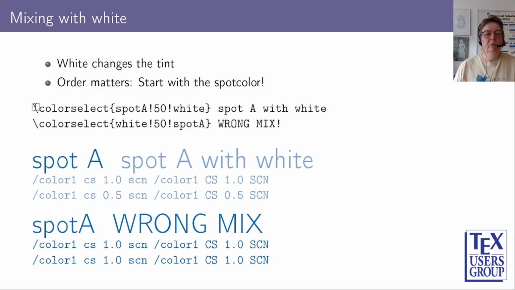So here we use our selection command, and then we mix spot A with white, and here below I do it wrong and start with a white command, white color, and let's look what happens. The spot A mix now has a smaller value and is a bit lighter, but if you start with a white command, nothing changes, so you can see that this is wrong.